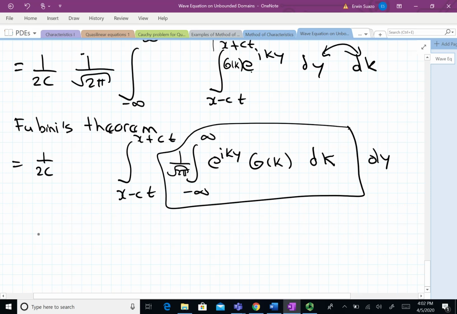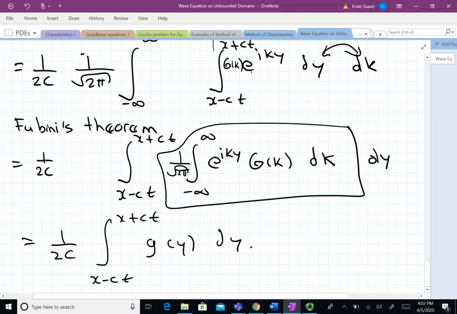That guy is small g of y. This is because this is the Fourier inverse of capital G, but capital G is the Fourier transform of small g. So the Fourier inverse and the Fourier cancel. So I get the integral from x minus ct to x plus ct of g(y) dy.